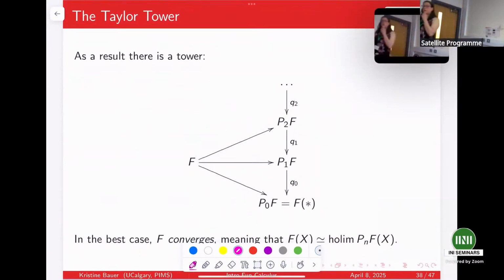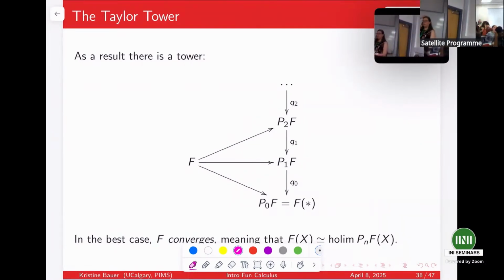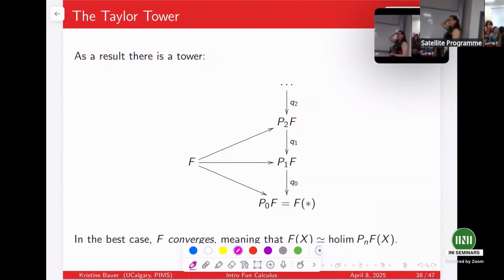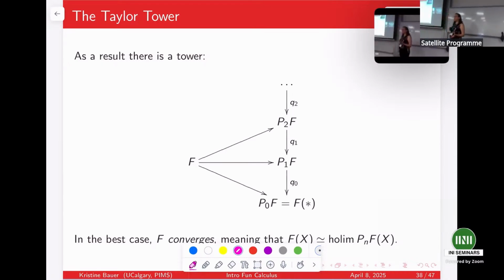So not only do I have an excisive approximation for each degree n, I get the whole tower worth of approximations. And in the best case, the idea of this tower is that it converges. In other words, we hope that if I go to the limit of the tower, whatever there is up there at P infinity, that I get back F of X. That's not always the case, and it's okay that it's not always the case.